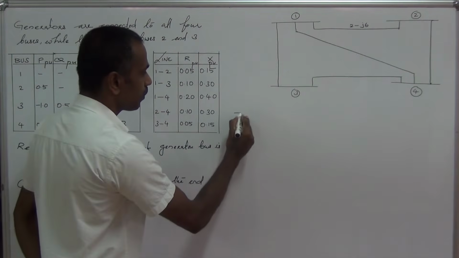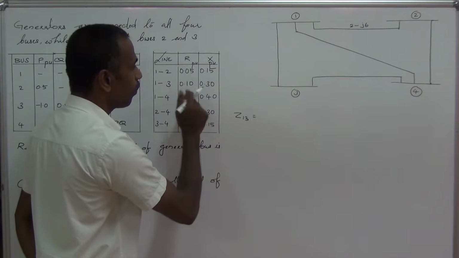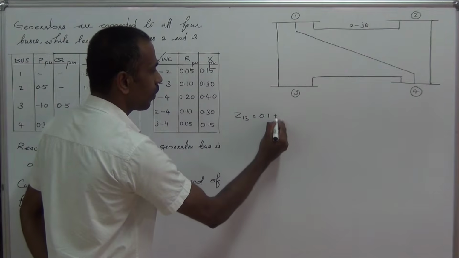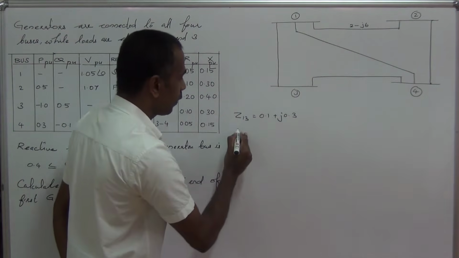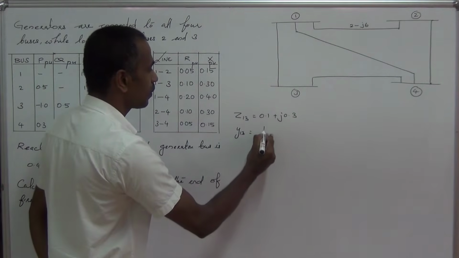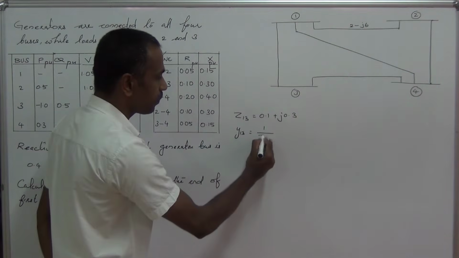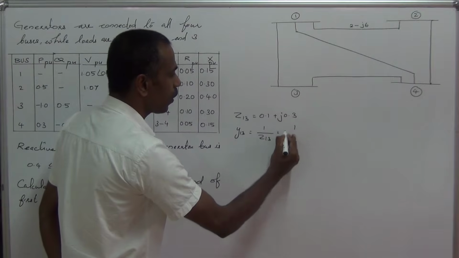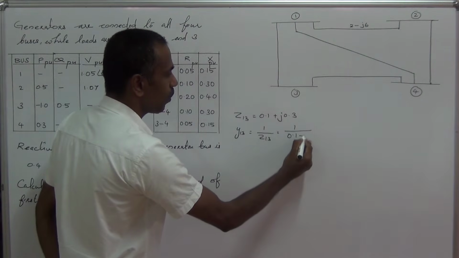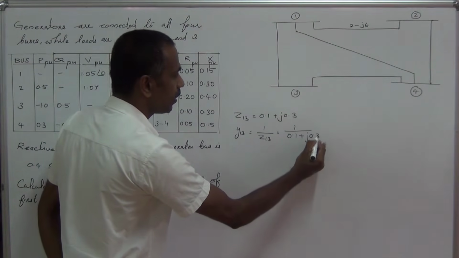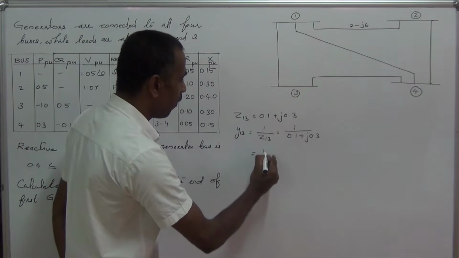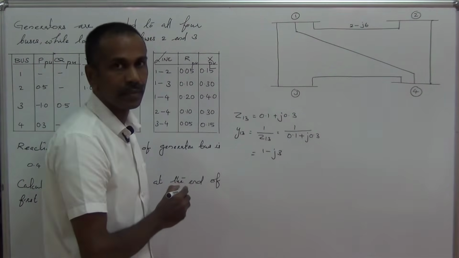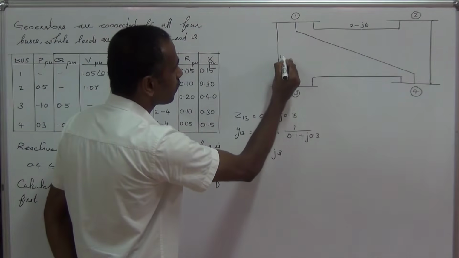Z13 equals 0.1 plus j 0.3. Y13 equals 1 by Z13. This is equal to 1 by 0.1 plus j 0.3. So this is equal to 1 minus j3. Let me mark the value here.